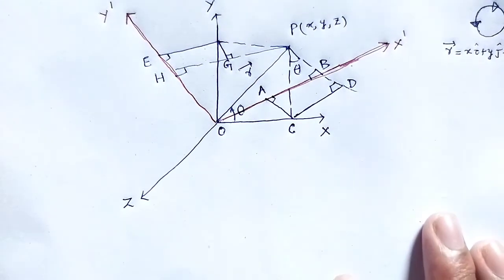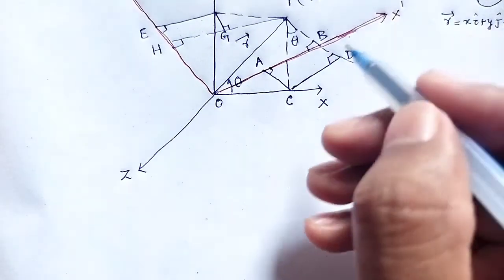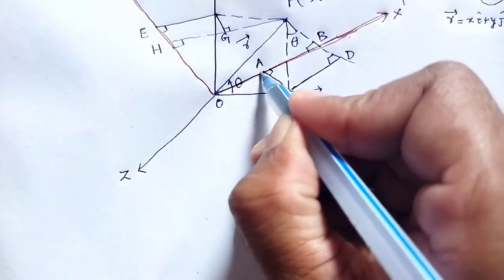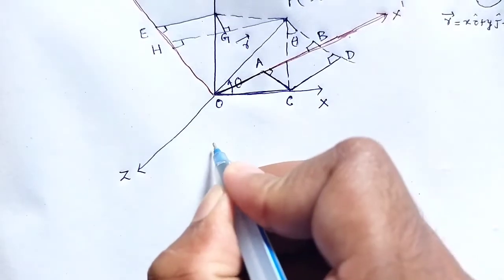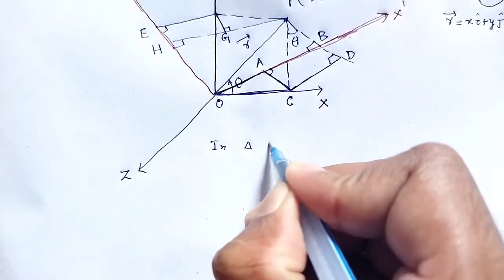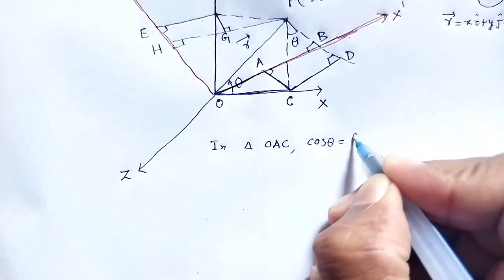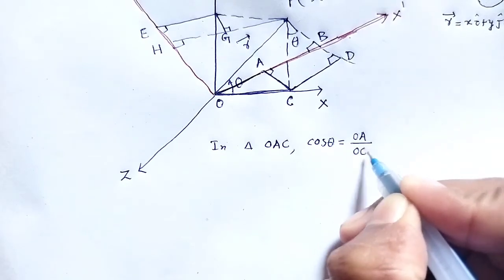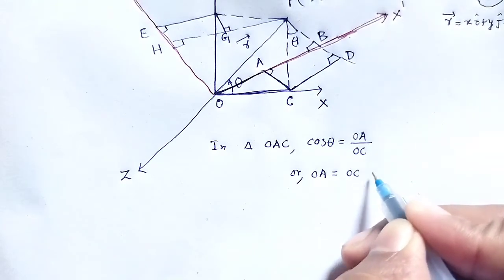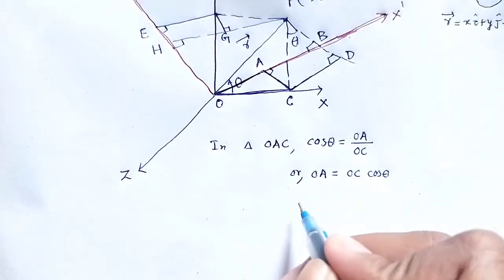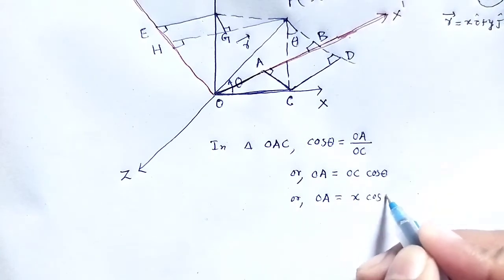Let us look at triangle OAC. In triangle OAC, cos theta is equal to OA divided by OC, or OA is equal to OC cos theta, or OA is equal to X cos theta.